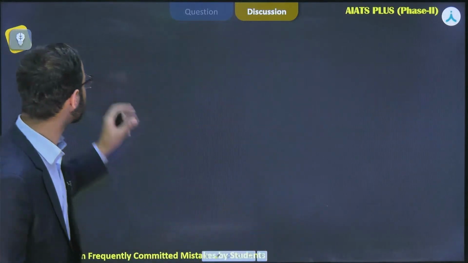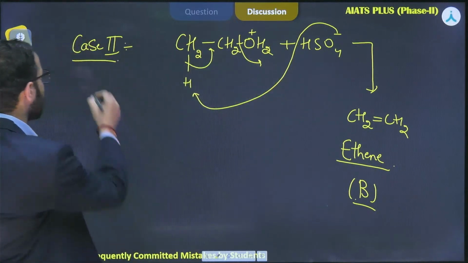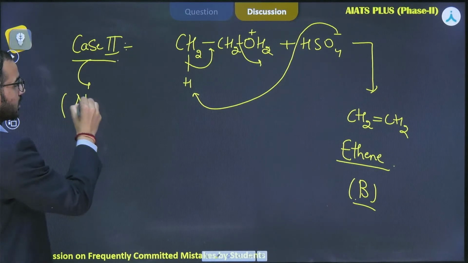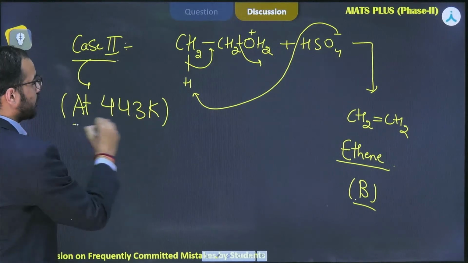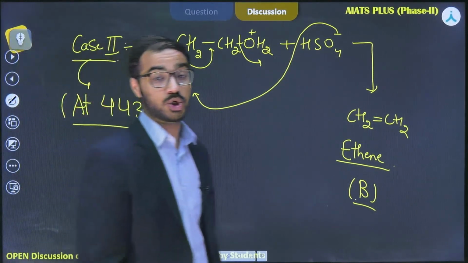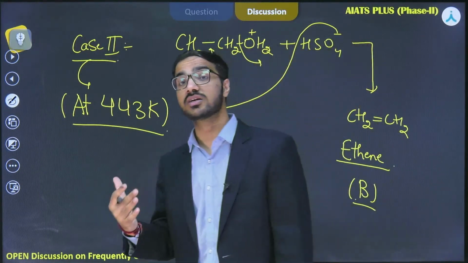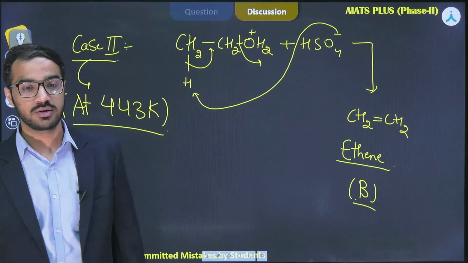So in order to carry out these case 2 reactions you will have a higher temperature, or we can say this will occur at 443 Kelvin. So at high temperature ethene will be the product, or at low temperature diethyl ether will be the product of this reaction. I hope this is clear to you all.